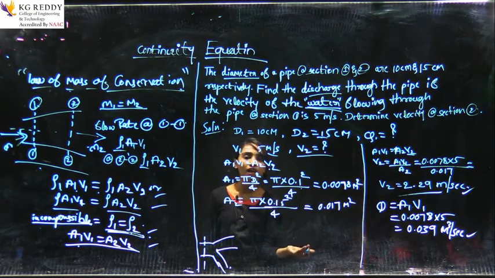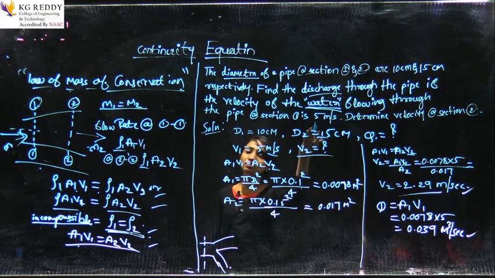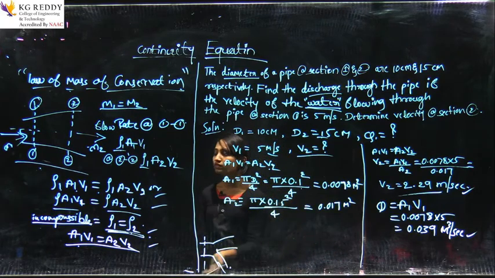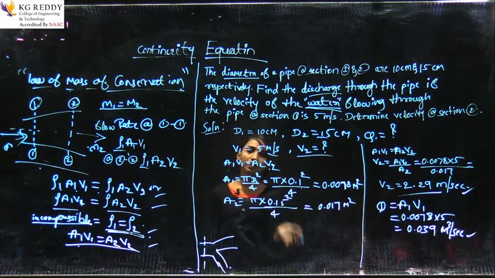For example, LPG is a compressible fluid, and its density may change. So you have to take rho 1, rho 2. But if they give water, liquids, oils like this, then it will always be incompressible, so you can take this equation simply.